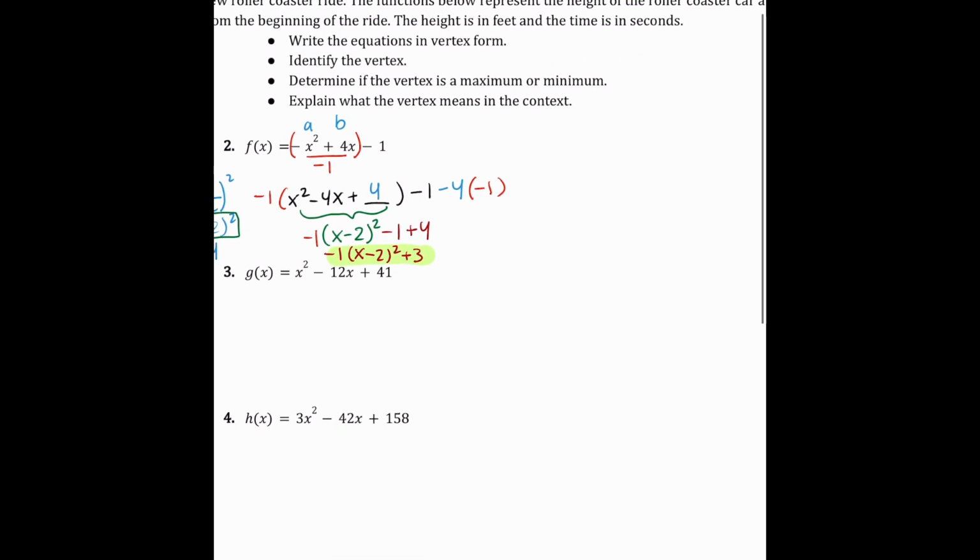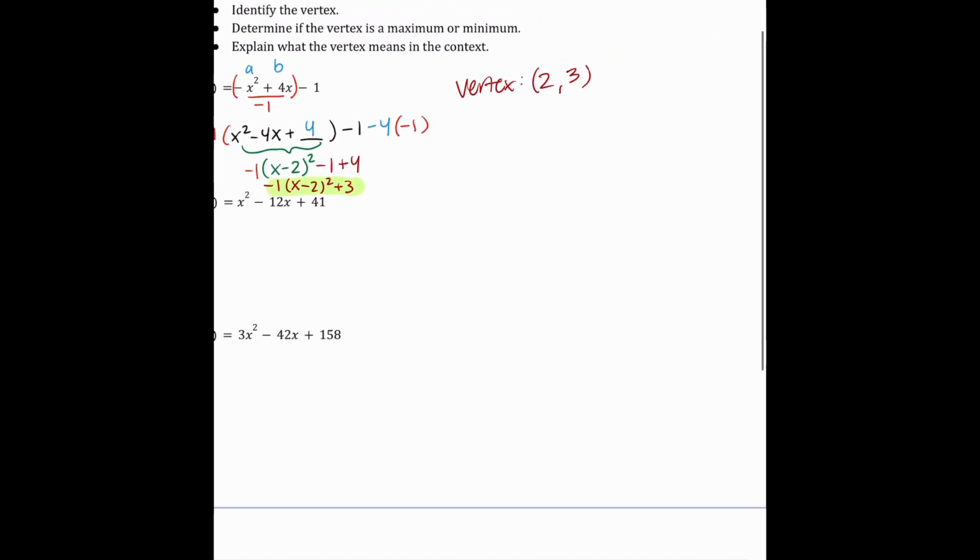This is easily able to tell me my vertex. Remember, our vertex is my h and my k. The x-coordinate is always the opposite of h, so right now we have negative 2, it'd be positive 2, and my k value is 3. If we were to graph this really quick, you could easily see what our max would be. If I look at our function, we know it's a negative parabola because it's facing down.